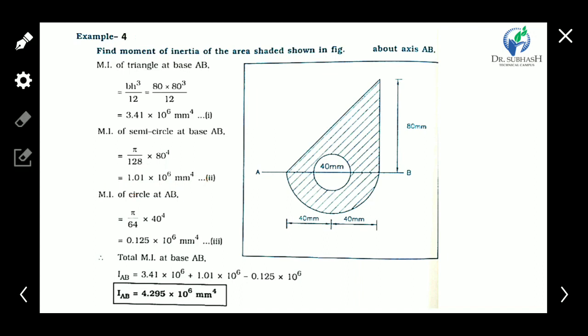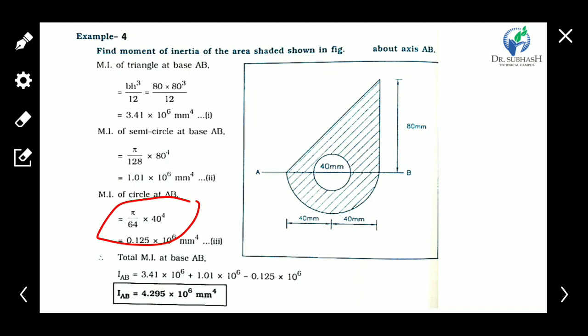Now the moment of inertia of the circle about the AB axis. We have the direct equation for the moment of inertia about the CG of a circle: pi by 64 into d raised to 4.